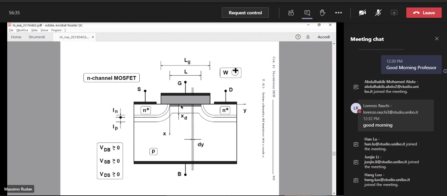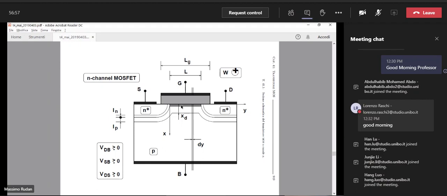And this is the most perfect type of valve, because of course there is no current flowing through the gate, because there is the gate insulator in between.